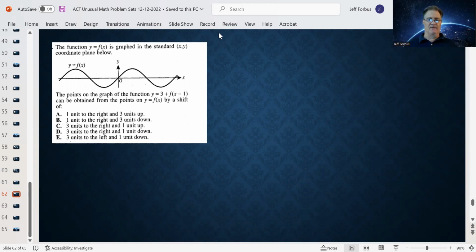The points on the graph of the function y is equal to 3 plus f of x minus 1 can be attained from the points on y is equal to f of x by a shift of what?